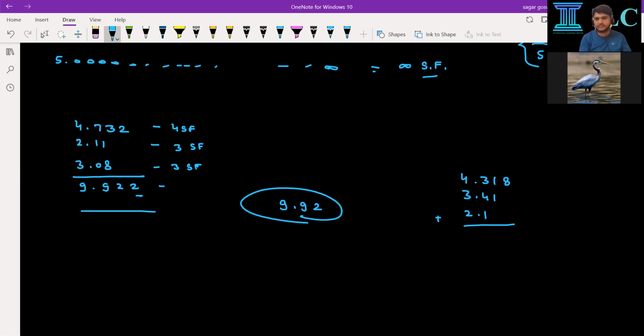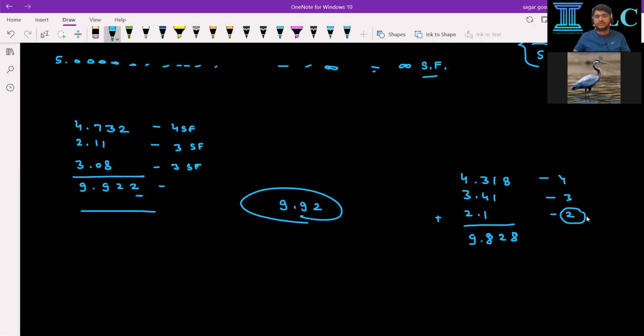Adding gives 9.828. But I know that one number has four significant figures, one has three, and one has two.